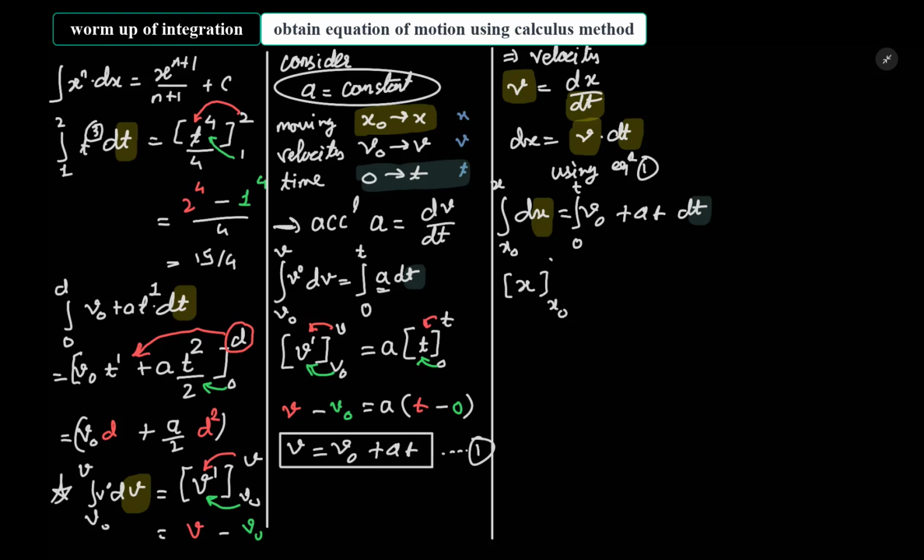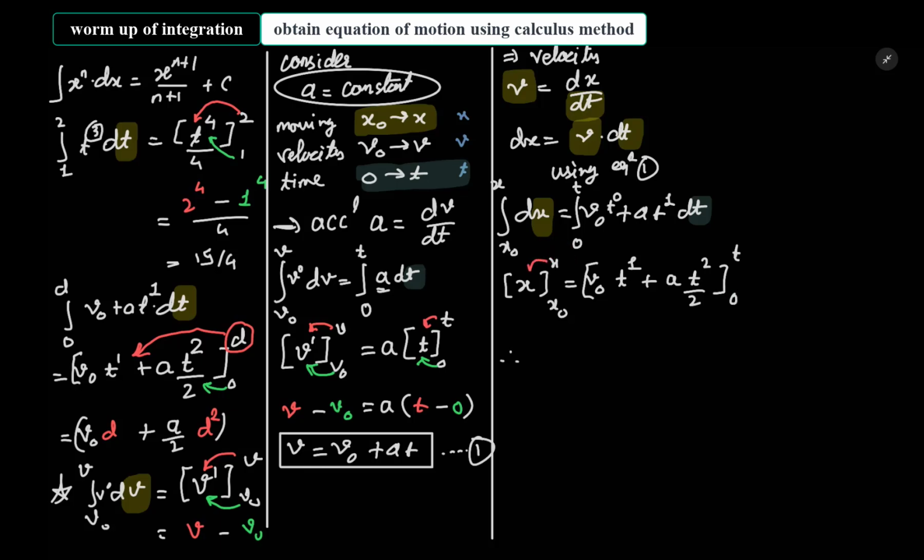Limit is from x0 to x. And on the right side, your variable is t. In the first term, v0 is constant. We don't have any term of t, so we can consider t raised to 0, and its integration is t raised to 1. Similarly, in the second term, a is constant. We have t raised to 1, so its integration will be t raised to 2 by 2. Limit is from 0 to t.